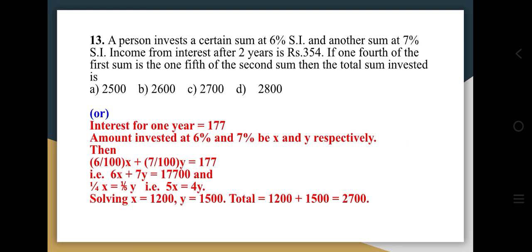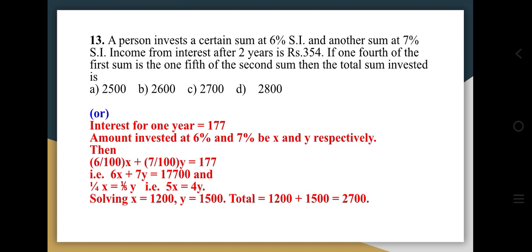So the total interest is equal to 177. So we get the equation 6 by 100 x plus 7 by 100 into y is 177.